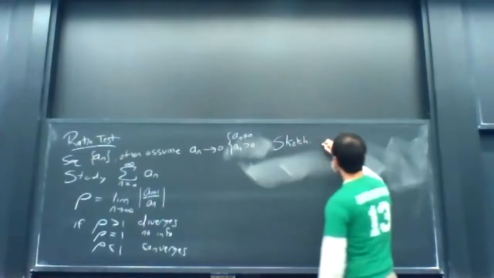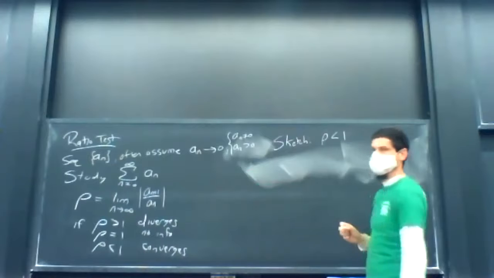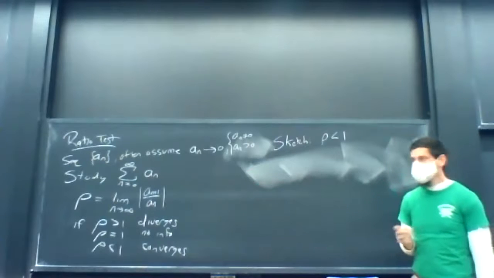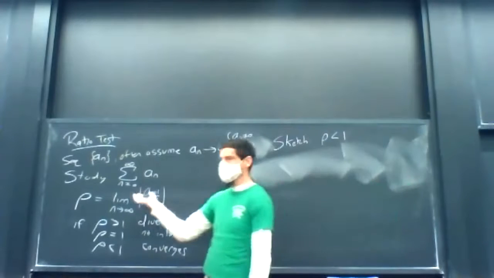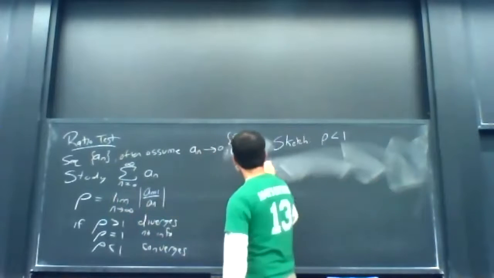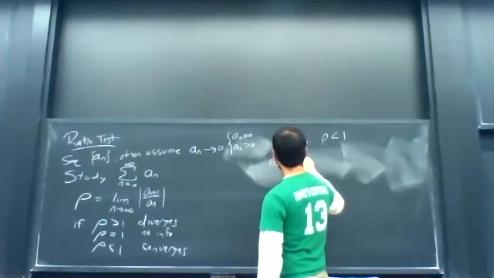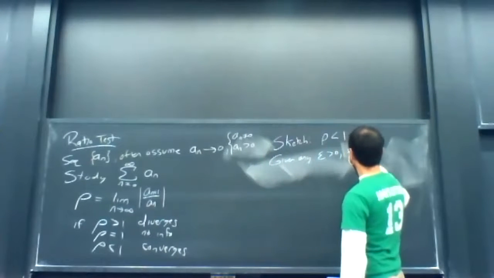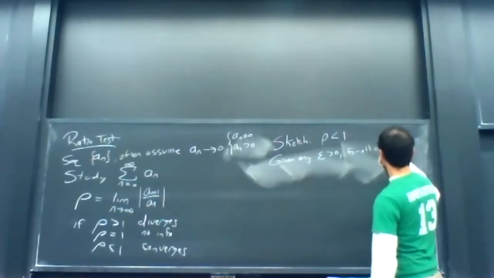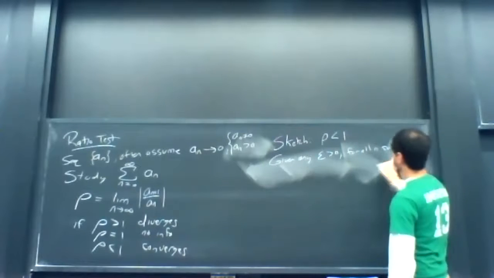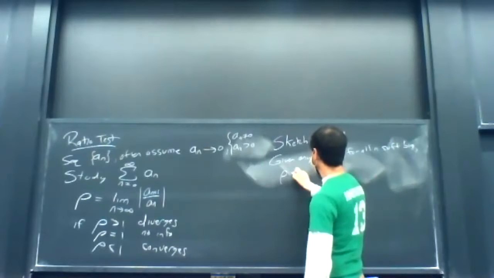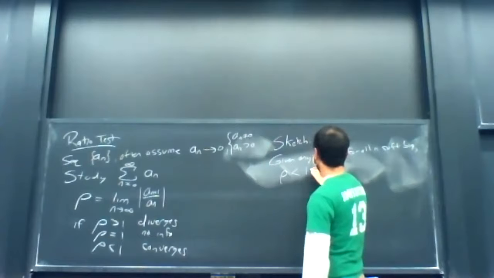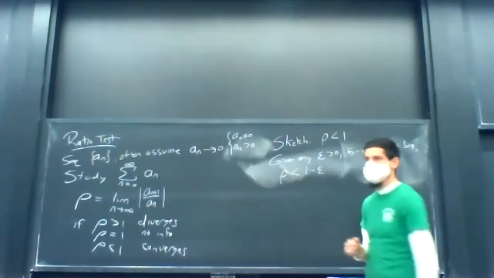So we will assume rho is less than 1. So what does it mean if the limit is less than 1? It means given any small epsilon greater than 0, for all n sufficiently big, we have the ratio less than 1 minus epsilon.